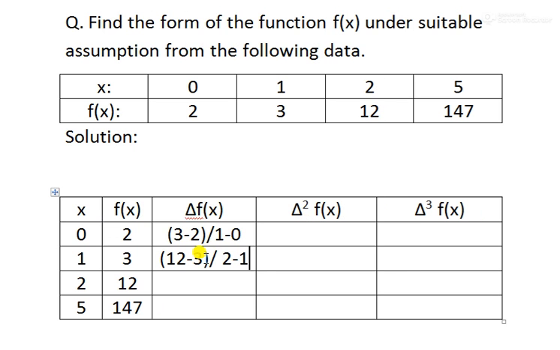And now 147 minus 12 divided by 5 minus 2.